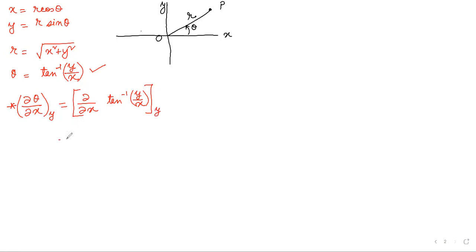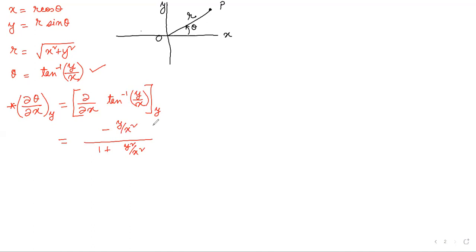So first let us calculate the differential of tan inverse. We should get 1 plus y square by x square, and then we differentiate the y by x part. That should give us minus y by x square.